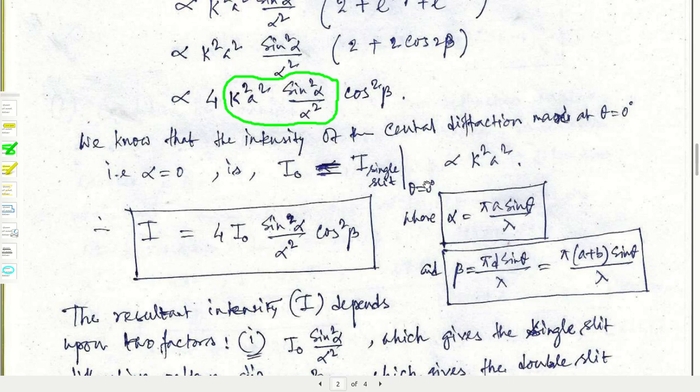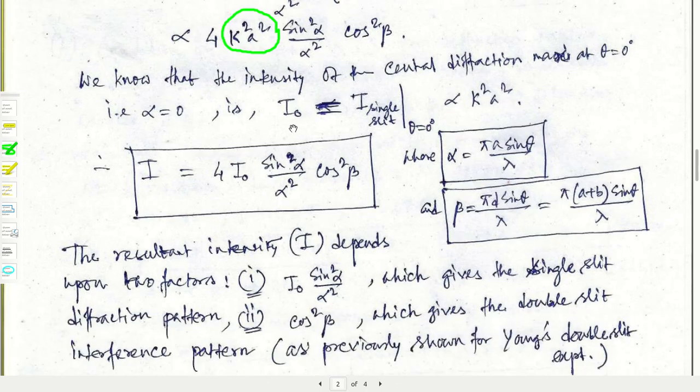This result is well known from our previous class, and in place of this term you will replace I0. So it is written here as 4 I0 sin square alpha by alpha square into cos square beta, which is your resultant intensity at the point P due to the double slit experiment.